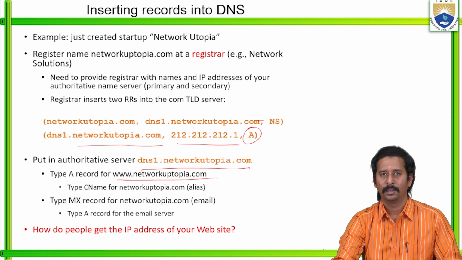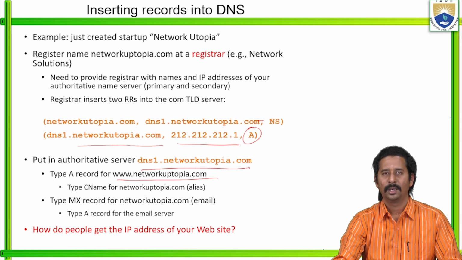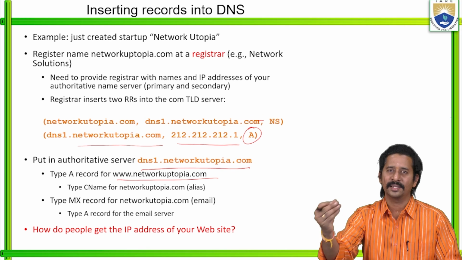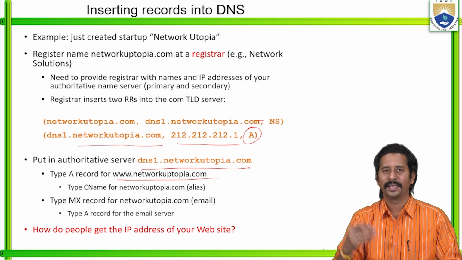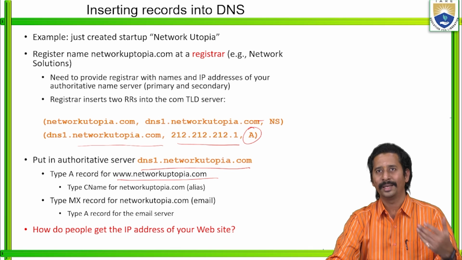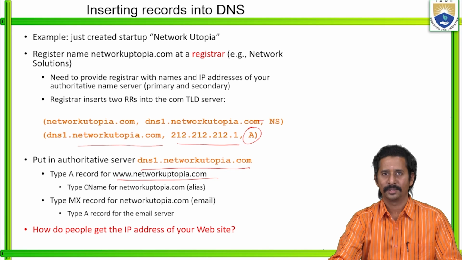So in this video, we discussed what DNS is, what the purpose of DNS is, how DNS evolved, and what the various hierarchical databases of DNS are. We covered the various servers like .com, .in, .edu, how the requesting node may access the information, that is how a name maps to an IP address, and how we insert records into the DNS.